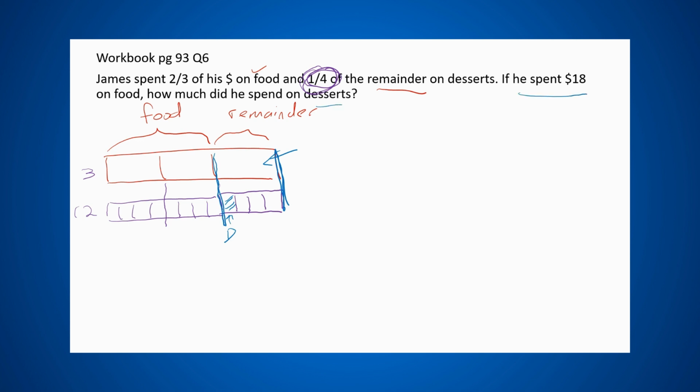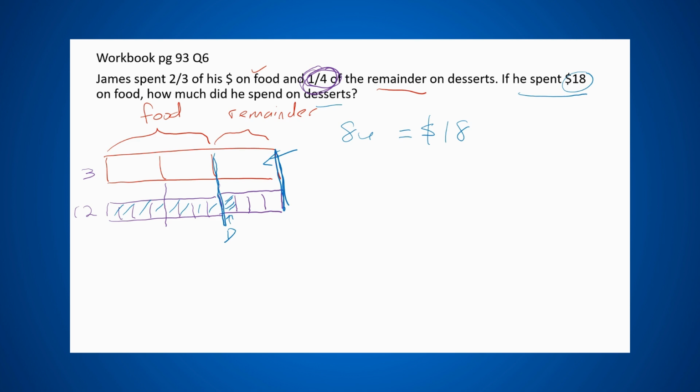Okay, how many units are being spent on food? $18. How many units? Look at here closely. There is 1, 2, 3, 4, 5, 6, 7, 8. 8 units spent on food, and it costs you $18.